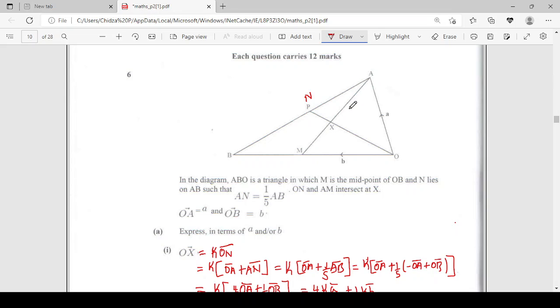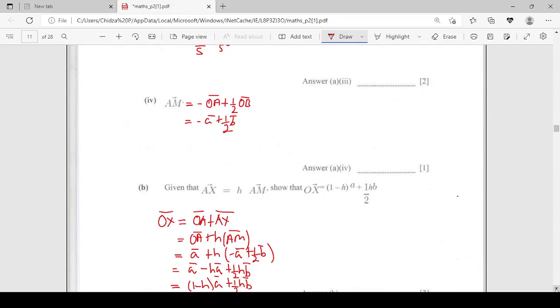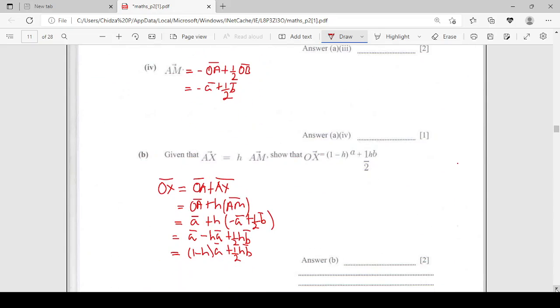So if you have to go from A to M, you would go in the opposite direction of OA, and you move in the direction of OB to get to OM. We know M is the midpoint of OB, so OM will be half b. So when we substitute, you will get your AM as minus a plus half b.